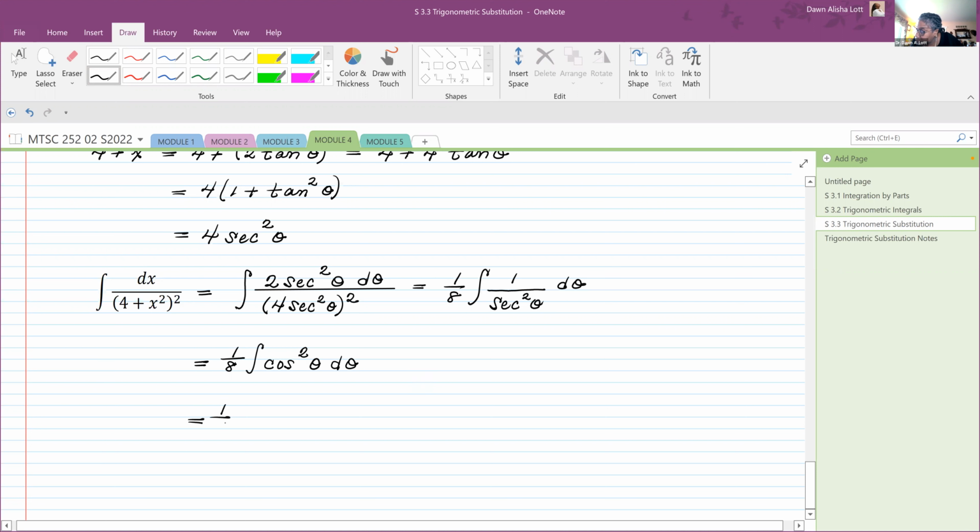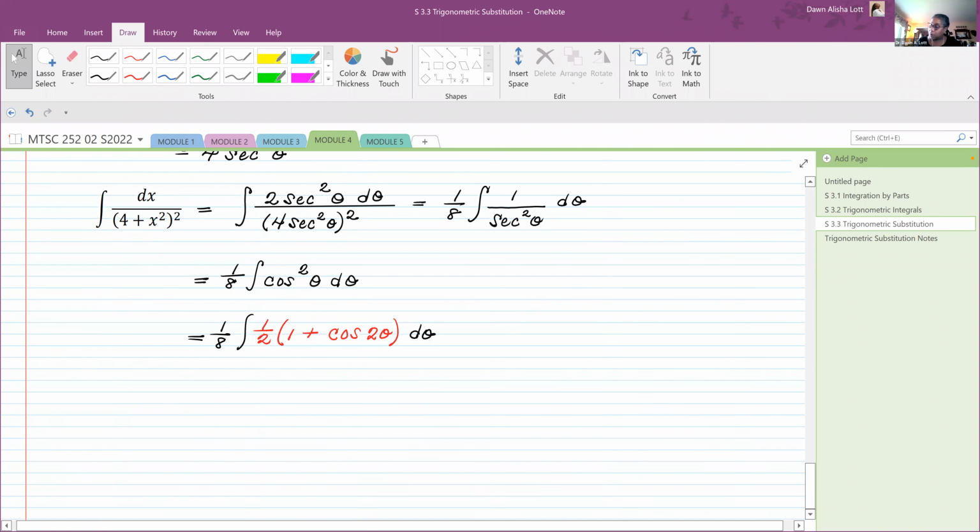One over 8, and inside here, you have 1/2 times 1 plus the cosine of 2 theta d theta. Okay. So that gives you 1 over 16.